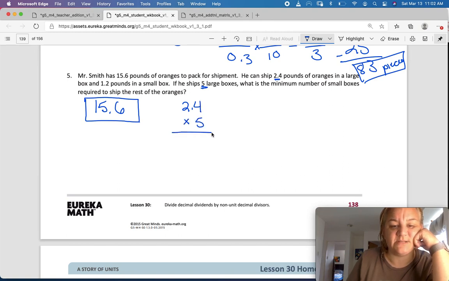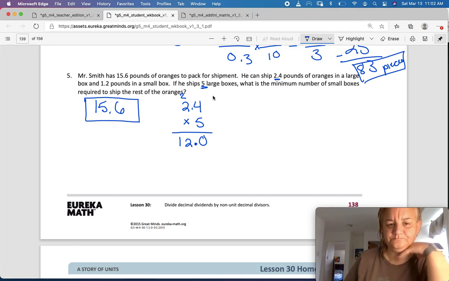And you guys know how to multiply, right? 5 times 4 is 20, carry the 2. 5 times 2 is 10, plus 2 is 12. Now I have 1 decimal here, so I'm going to move that there, okay? And if you want to do the same thing by multiplying by 10, you can do that too. Okay, so he can fit 12 pounds into those 5 large boxes.